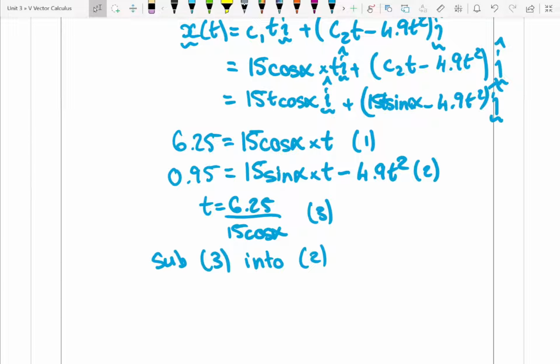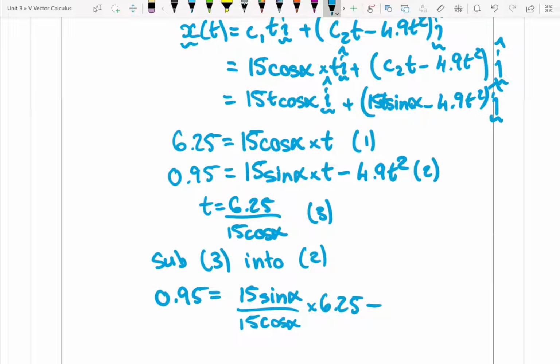And what we end up with here is that 0.95 is equal to 15 sine alpha over 15 cosine alpha times 6.25 minus 4.9 times t squared, which is actually 6.25 over 15 cosine alpha squared.